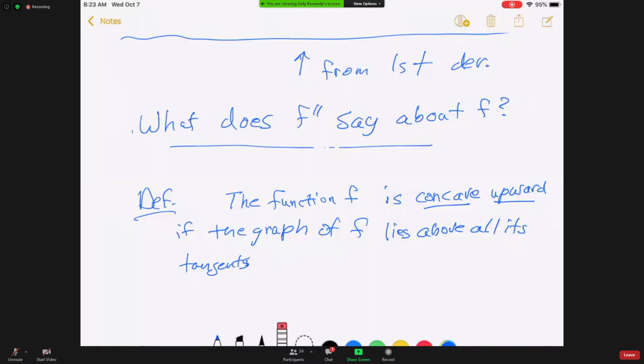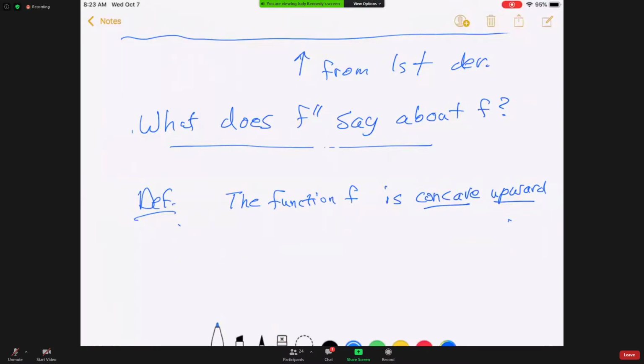It's concave upward on the interval I. Let me go back. Say this correctly. It kind of matters about the order in which you say things. It's concave upward on the interval I.